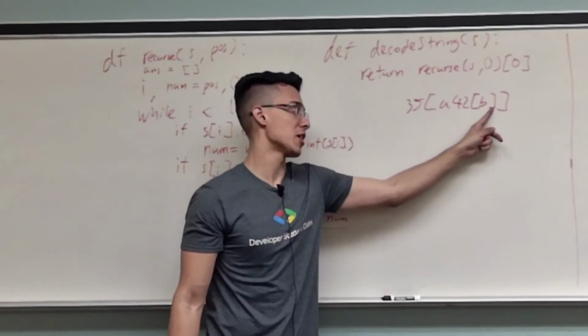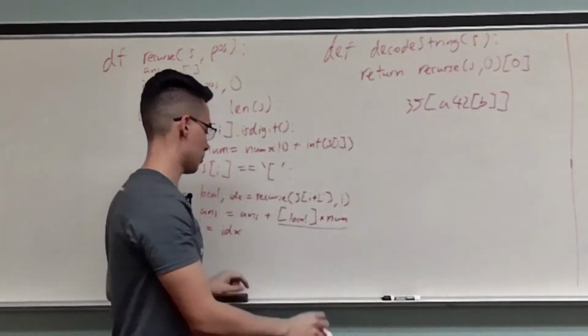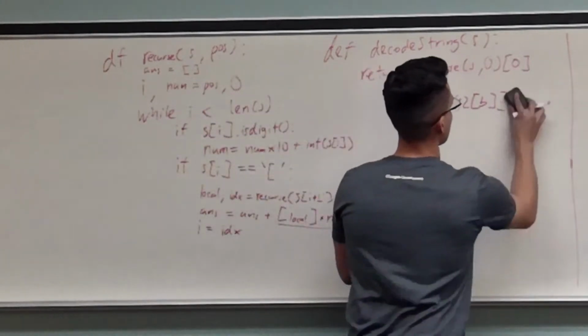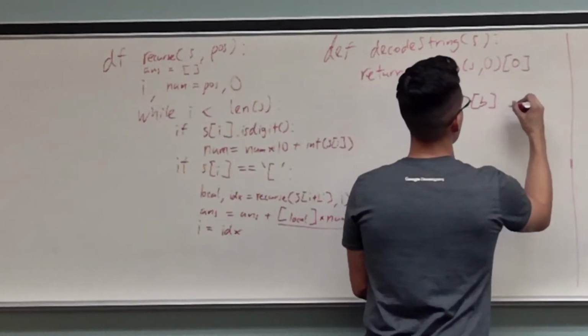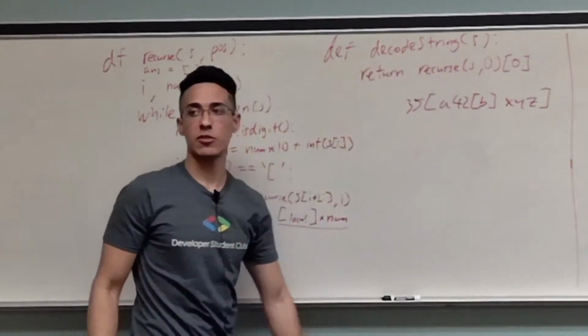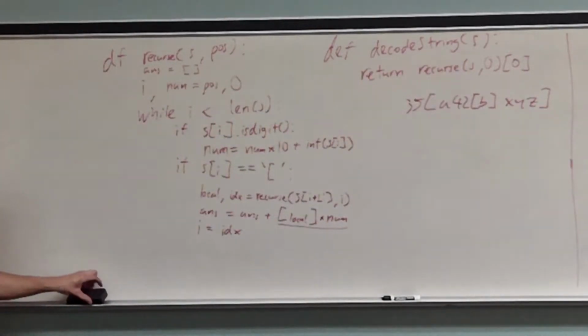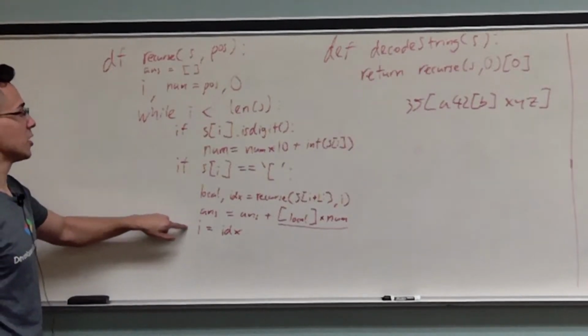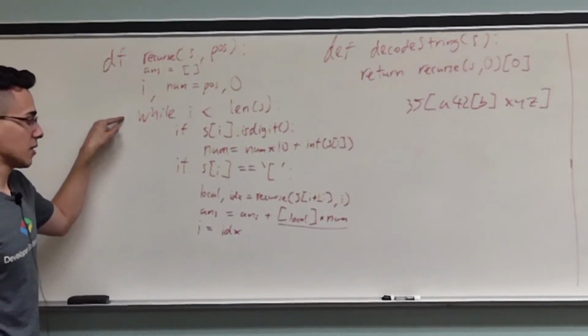We're skipping this bracket, and we want to move on. Because maybe after this bracket, we have X, Y, Z, and we just want to add those. Okay? So then we would continue with this while loop.